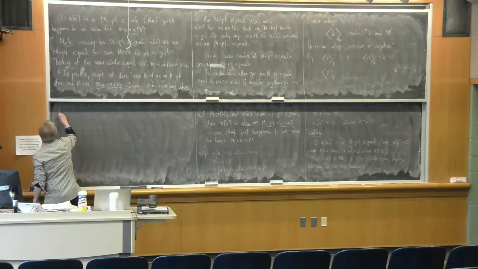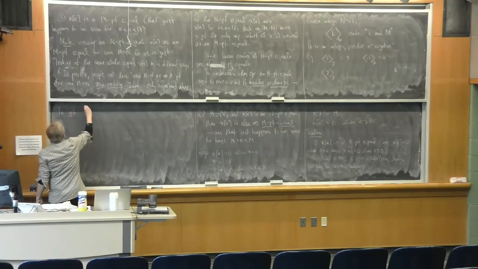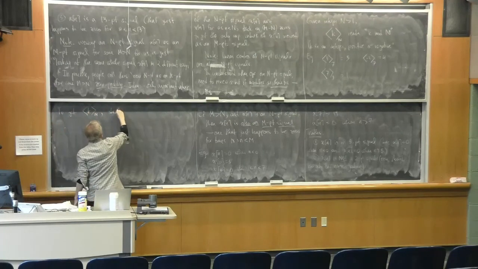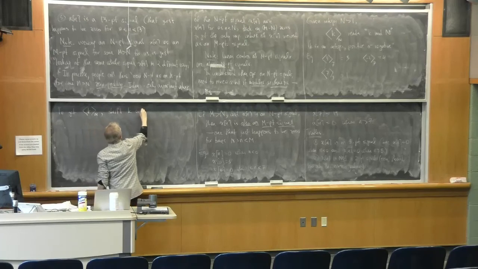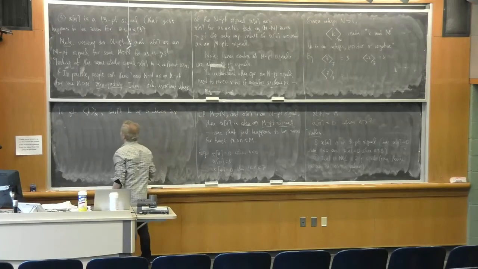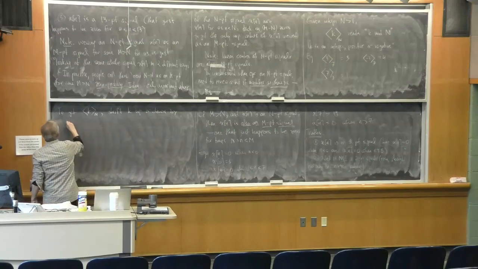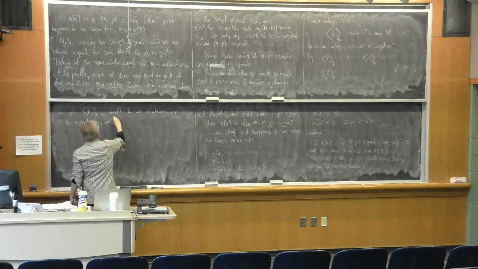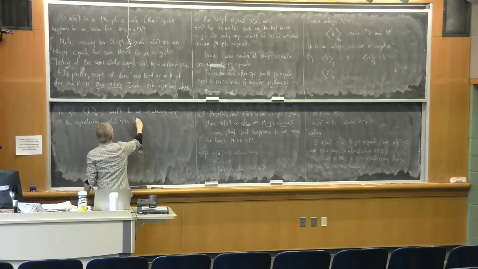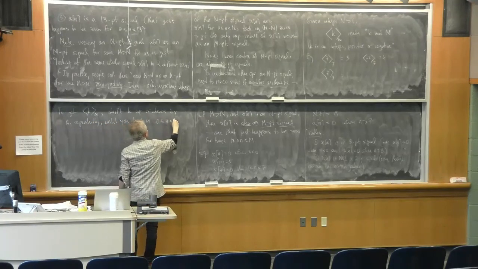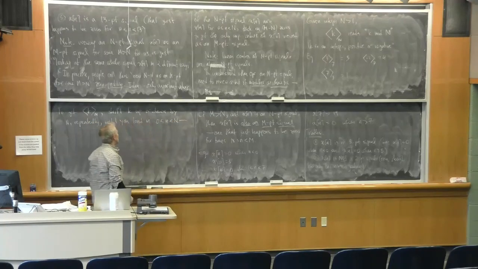So to get k mod n, you shift k up or down by n repeatedly until you land in the magic interval, 0 less than or equal to k less than n, and where you land is k mod n.